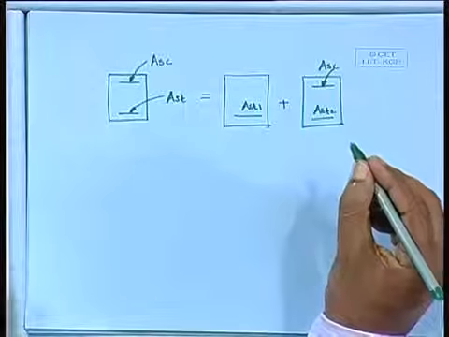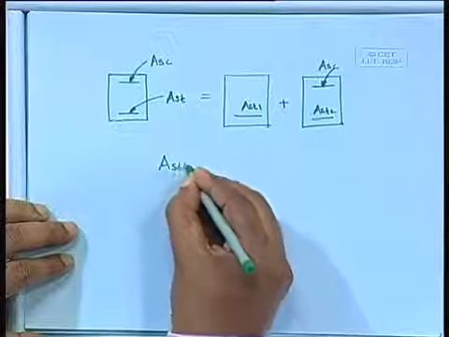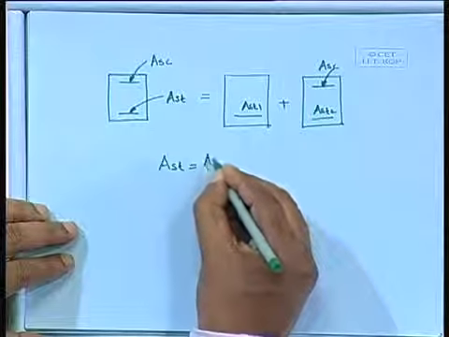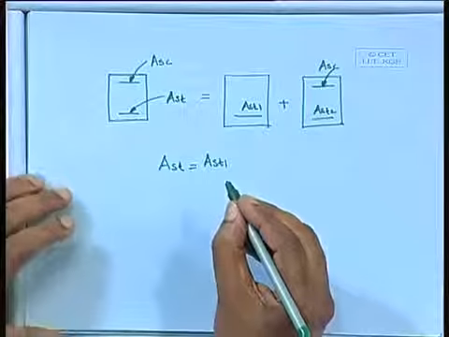So the area of steel in the tension side has two parts, AST equal to AST1 considering the singly reinforced section.